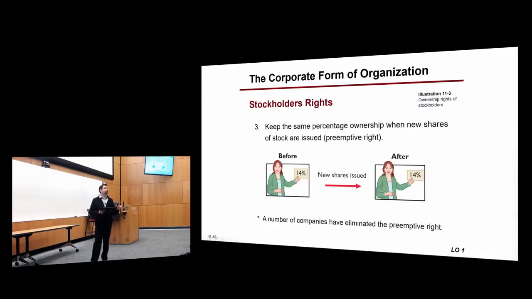Let's say that they own 10% of the company. They have the right to buy enough of the newly issued stocks to keep their share at 10% before the company actually sells those stocks to someone else. So if they own 10%, they have the right to keep that ownership.